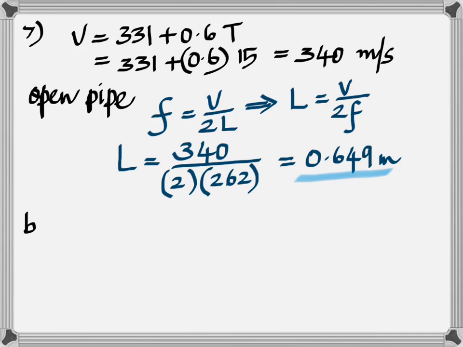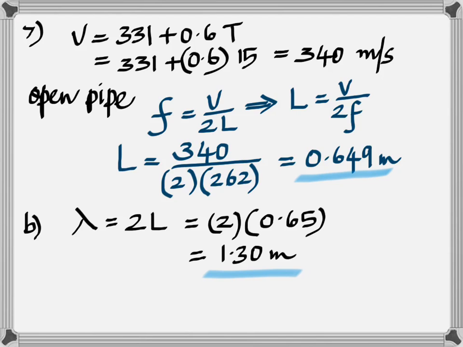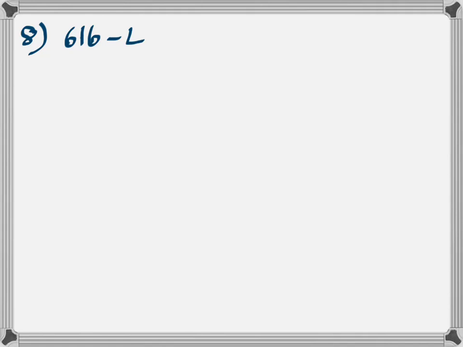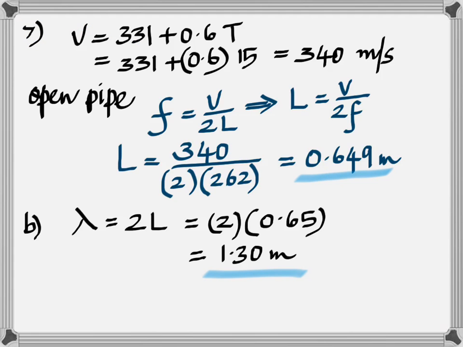What's the distance between two consecutive antinodes? Lambda by 2. So couldn't you put lambda by 2 equal to this length, because you know that you have antinodes at the two ends? That's how you find it. Therefore, lambda is twice the length. You get 1.30 meter.